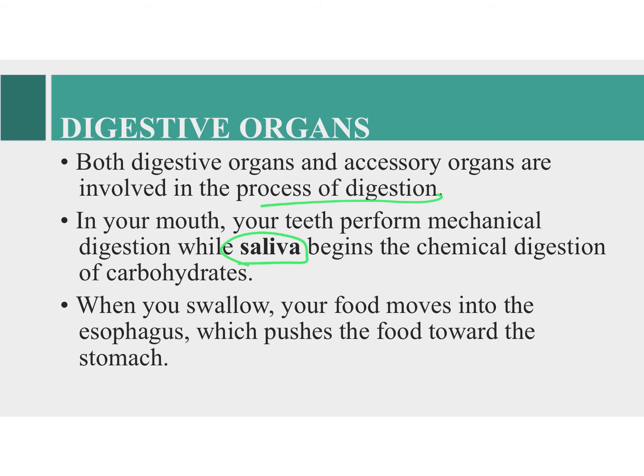And when you chew, that is performing your mechanical digestion, and basically it grinds and cuts the food into smaller pieces. And then it mixes with the saliva, and that's what it's talking about there. That's when it begins the chemical digestion. And that saliva comes from the salivary glands, okay?